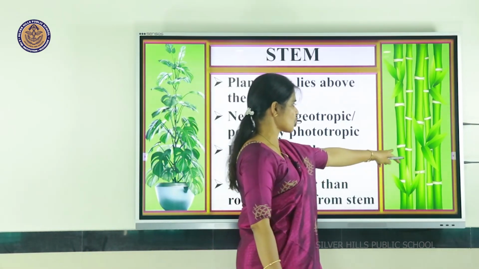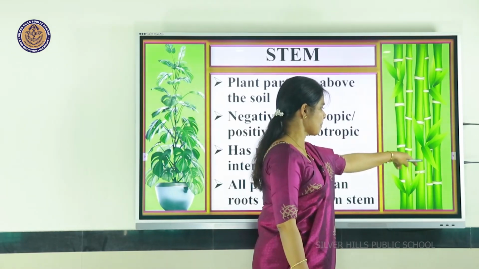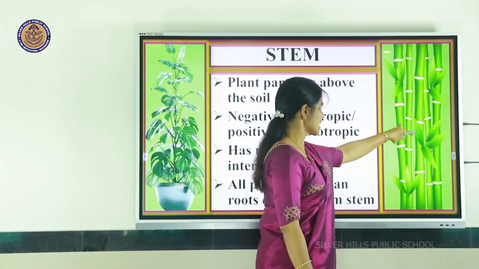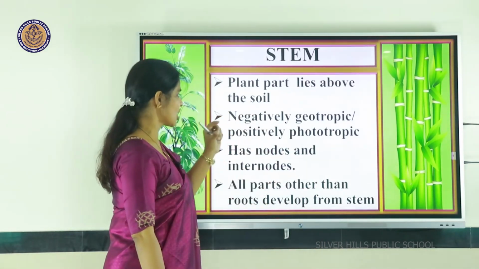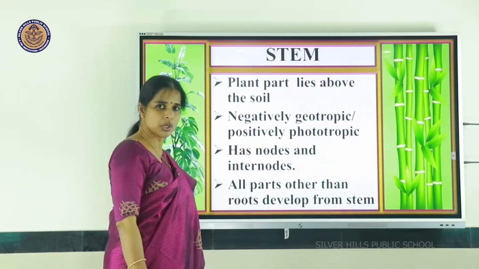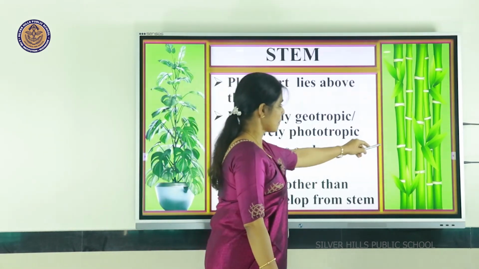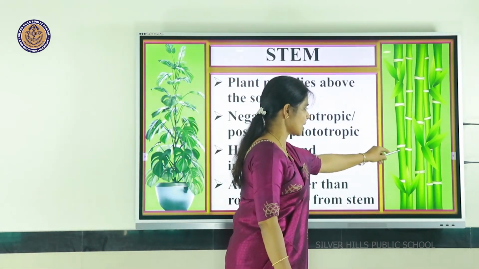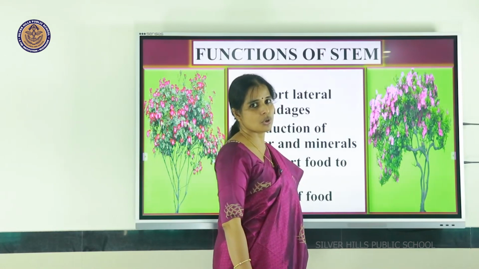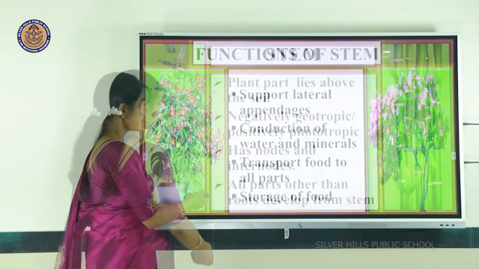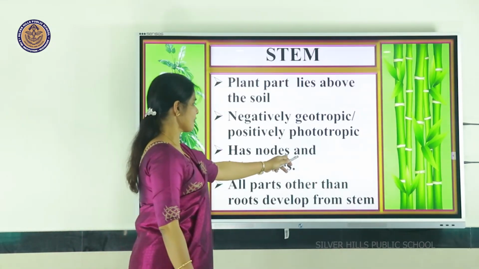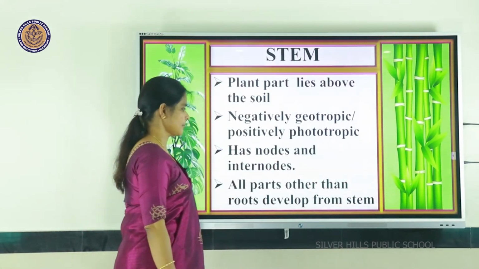You can see in the picture of a bamboo different segments. Each segmented region is called a node, and the part between two nodes is known as the internode, the internodal region. This can be seen only in the stem. So the stem always has nodes and internodes.